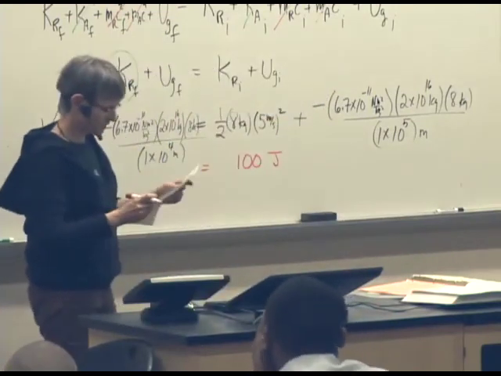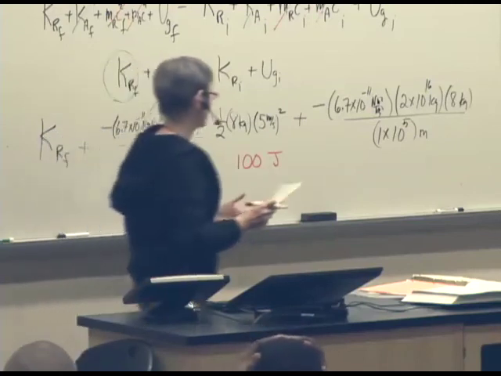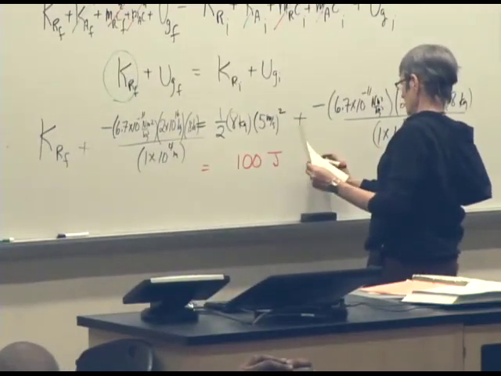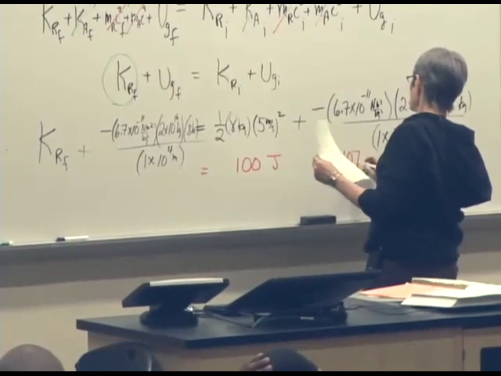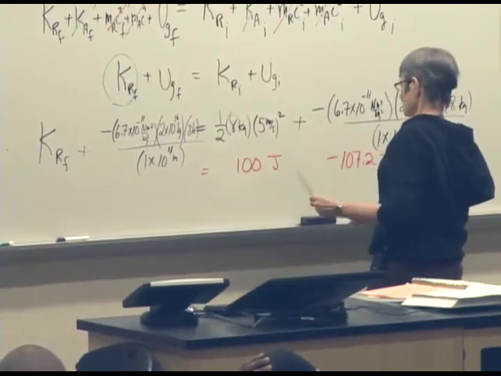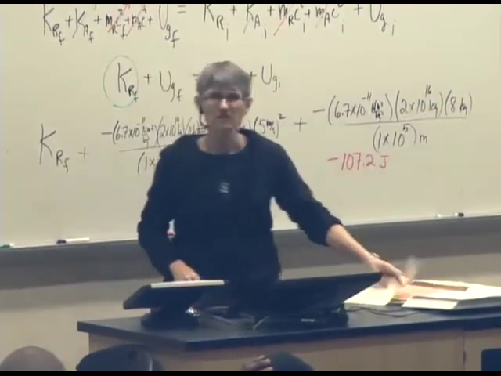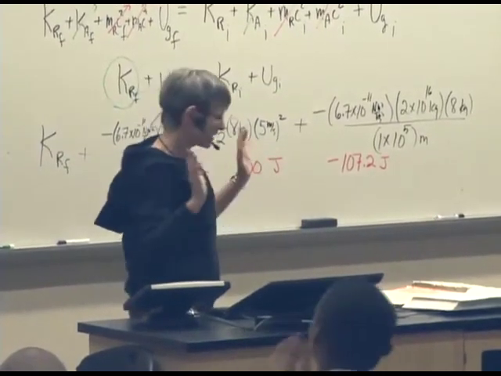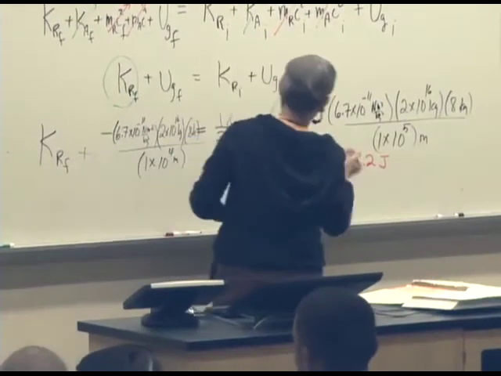Does anybody else think that's what that comes out to? And this comes out to a negative 107.2 joules. Is that okay? It's negative. It's okay. It's all right. It can be negative. It's fine.